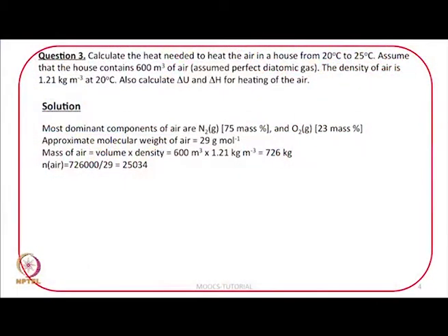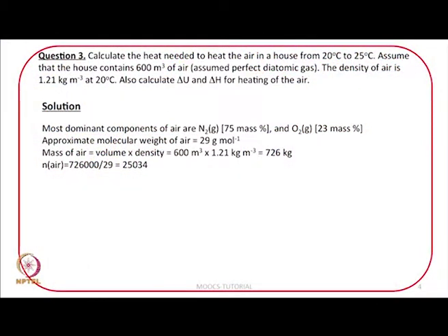Now, what does the air contain? Air contains nitrogen and oxygen in majority. Let us say about 75 mass percent nitrogen and about 23 mass percent oxygen, and remaining there are other gases.